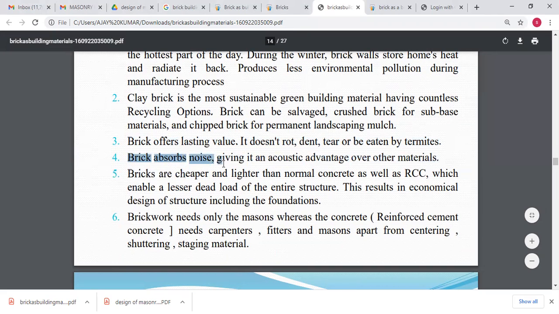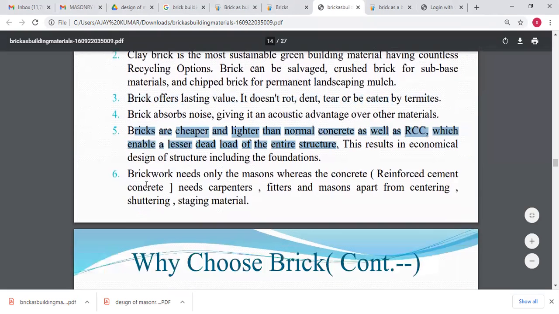Brick also absorbs noise, giving an acoustic advantage over other materials. Bricks are cheaper and lighter than normal concrete and RCC, which leads to lesser dead load while giving strength to the structures. This results in economic design of the structures.